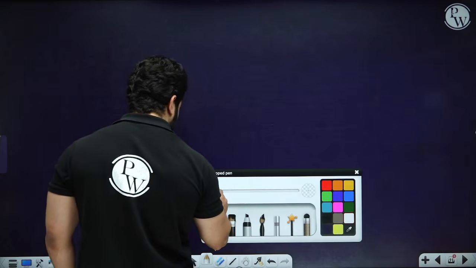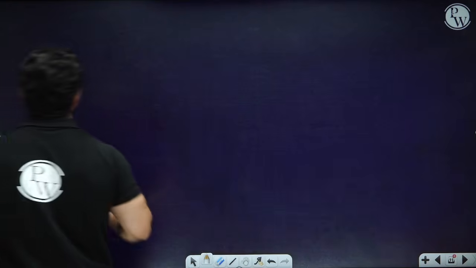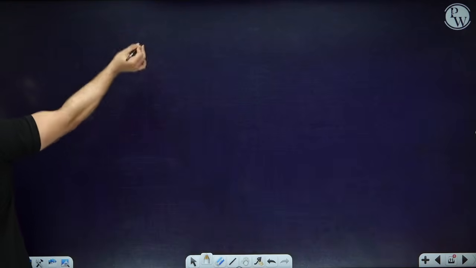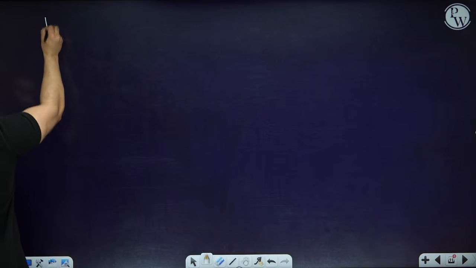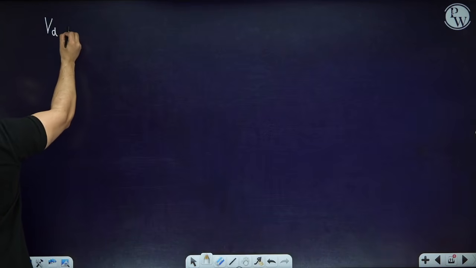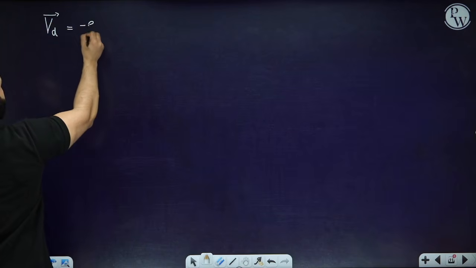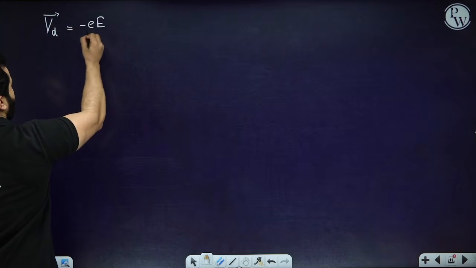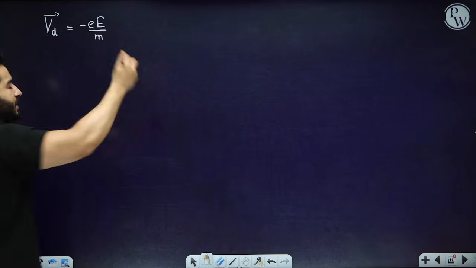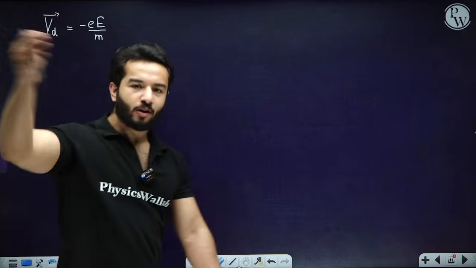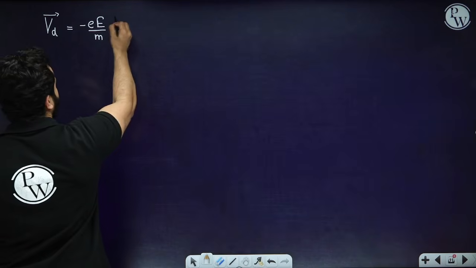If this is the case, I can write v1 plus v2 plus v3 as the drift velocity vd equals acceleration, which can be written as minus e by m, times t1 plus t2 plus t3, the average of all the times, which can now be written as the relaxation time tau.